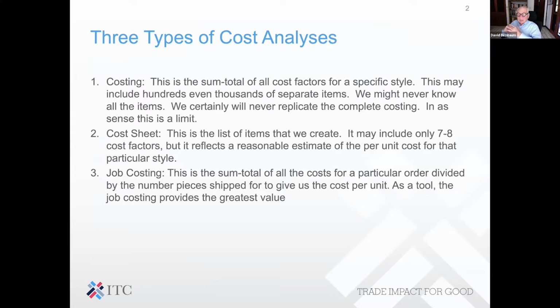It includes more than hundreds, it includes thousands of specific items. For this reason, I've never really seen a costing. I certainly have never tried to replicate it. Let me give you an example. Take the simplest cost item in the entire supply chain, a zipper.